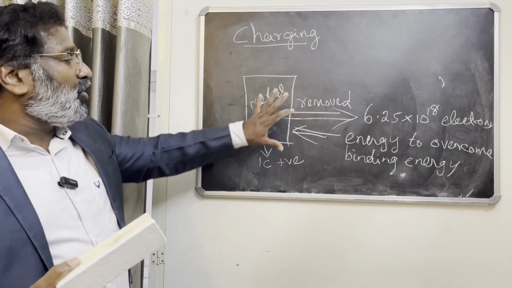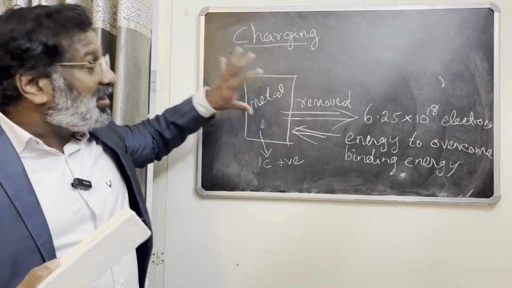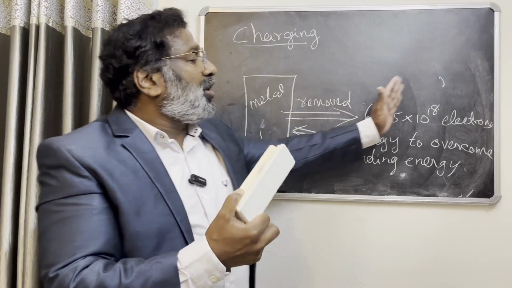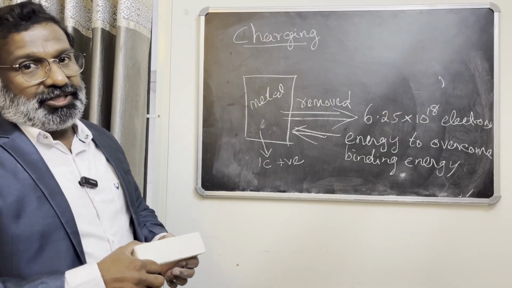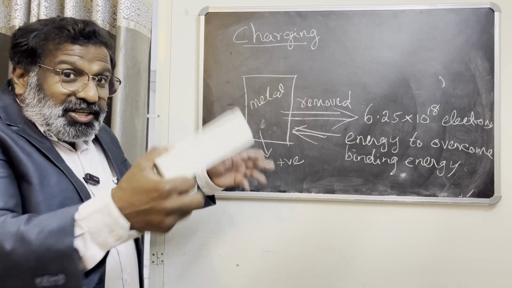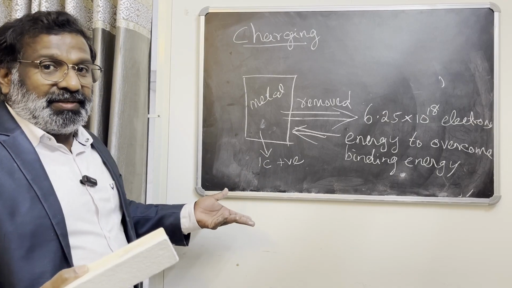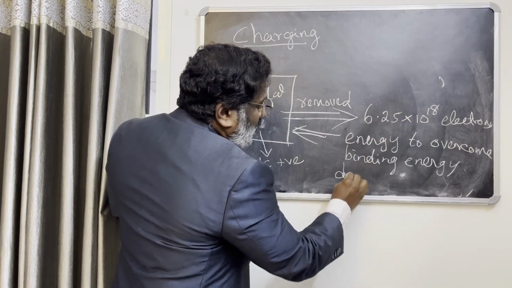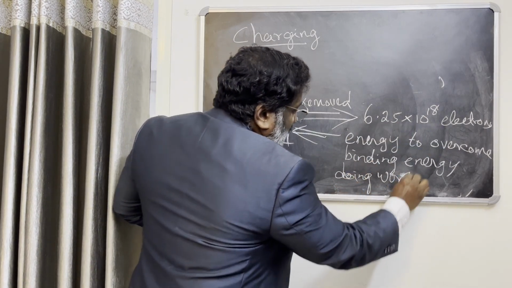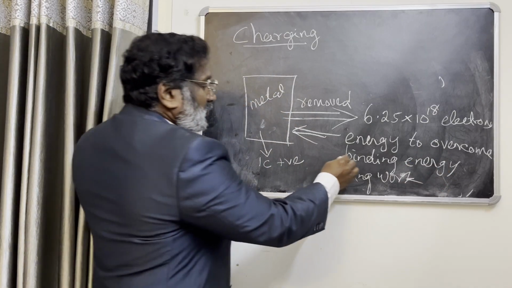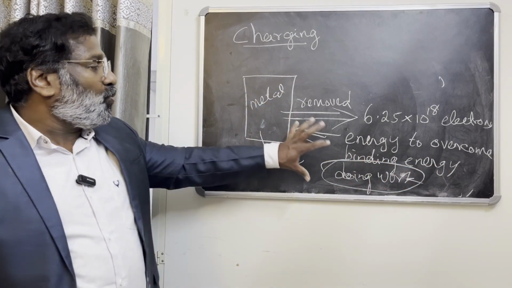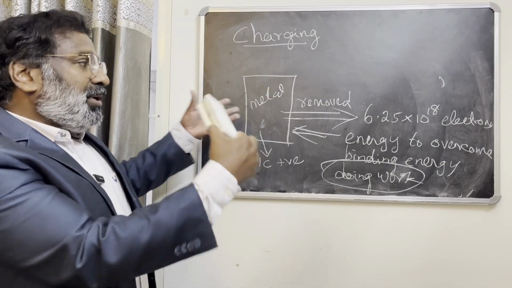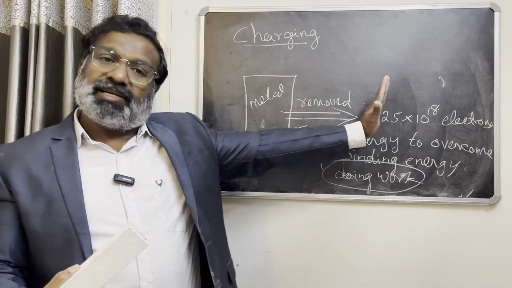Say for example, I am giving heat energy, that means thermal energy, to this metal and I am removing 6.25 into 10 power 18 electrons. Spending energy means we are doing work. So I am doing work in removing the electrons from this neutral particle, applying thermal energy to overcome the binding energy.